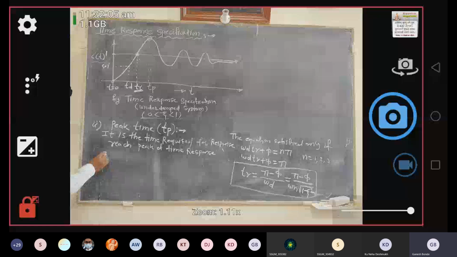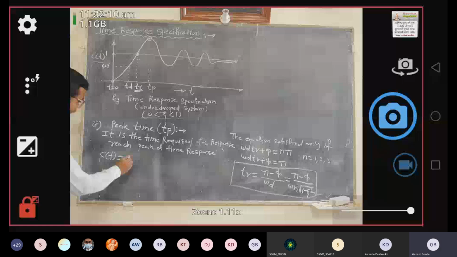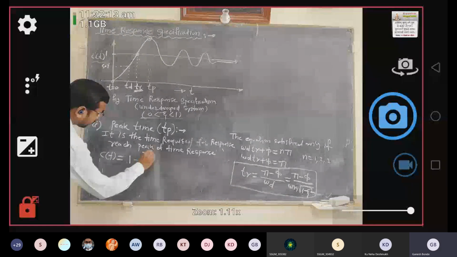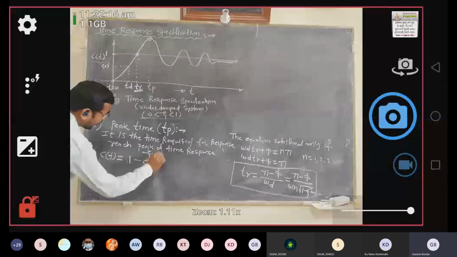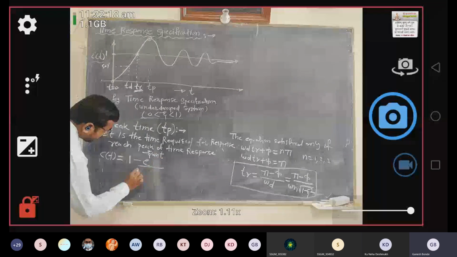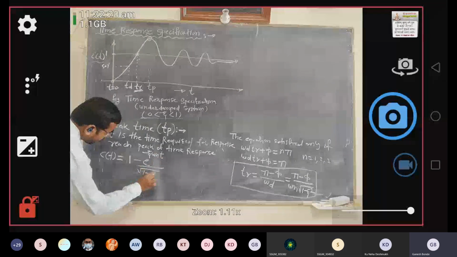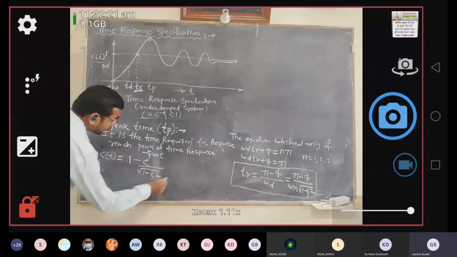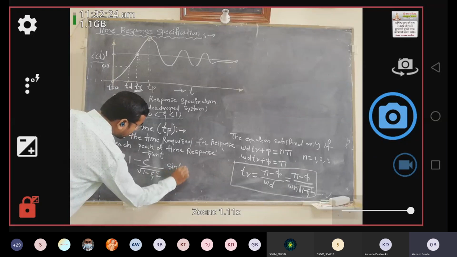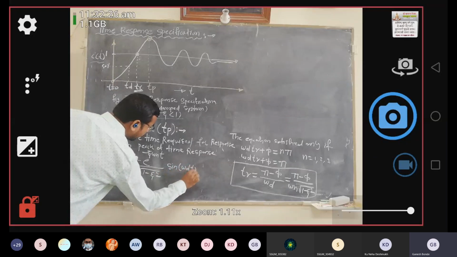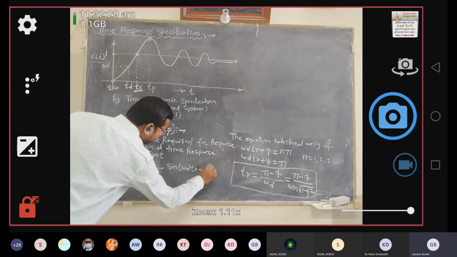So again start with the C of T. What is the value of C of T? 1 minus e raised to power minus zeta omega n T upon square root of 1 minus zeta square into sine of omega d T plus phi.